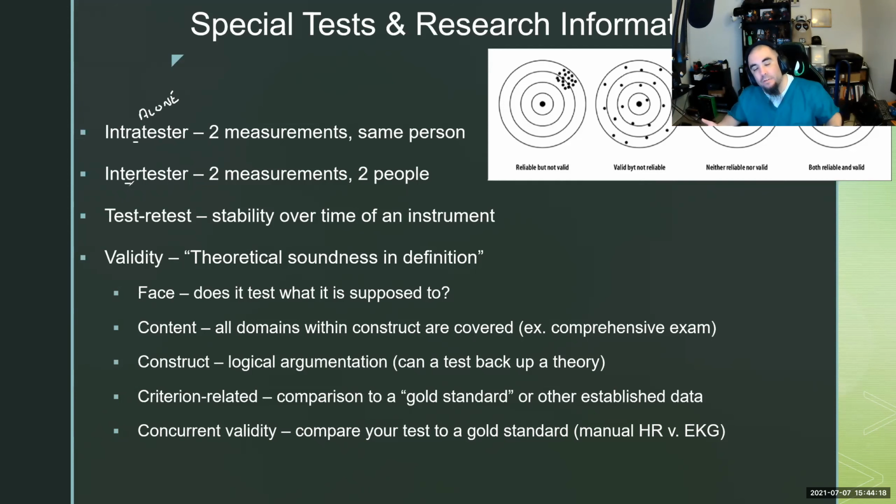I would have to compare those two tests and see if there is criterion-related validity between them, meaning does my test perform better than the gold standard? I'm going to do a concurrent validity test to see if I make criterion-related data. For example, concurrent validity is testing your manual heart rate versus what's happening on an EKG.